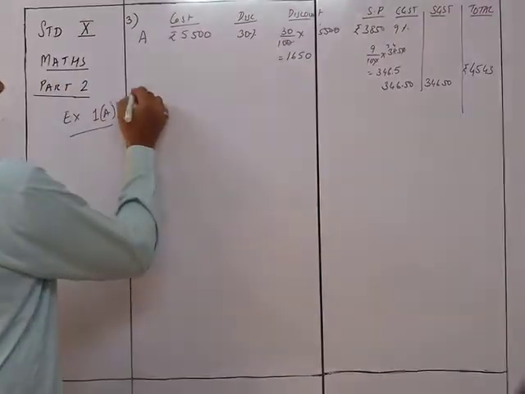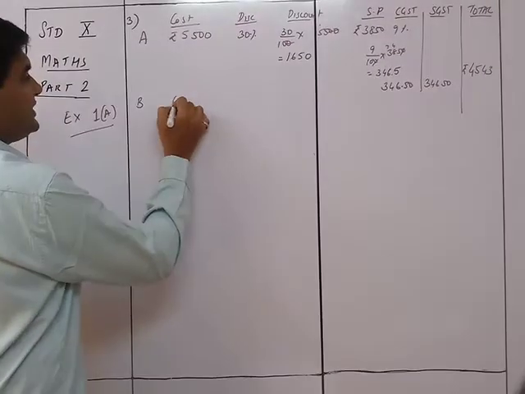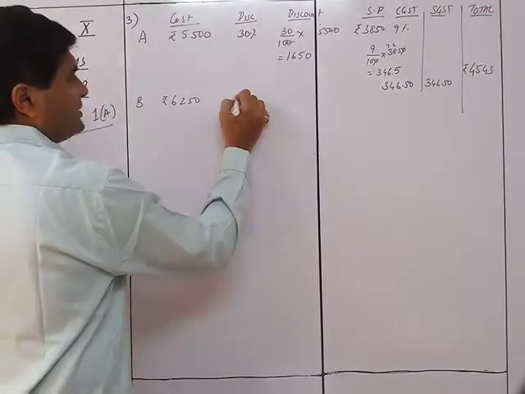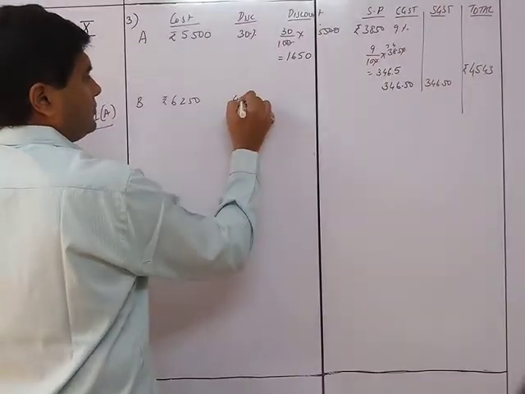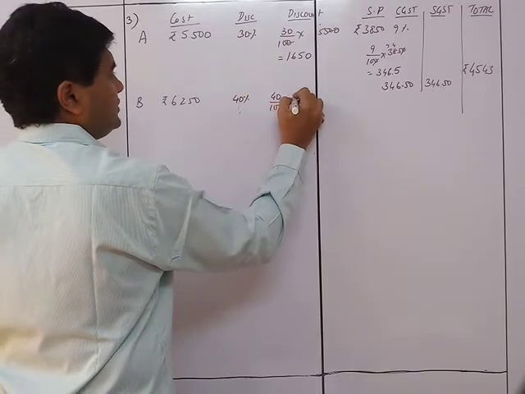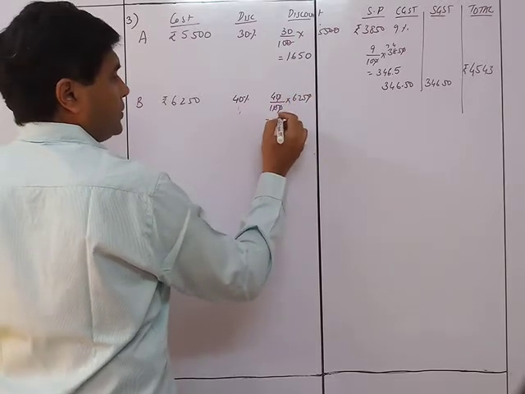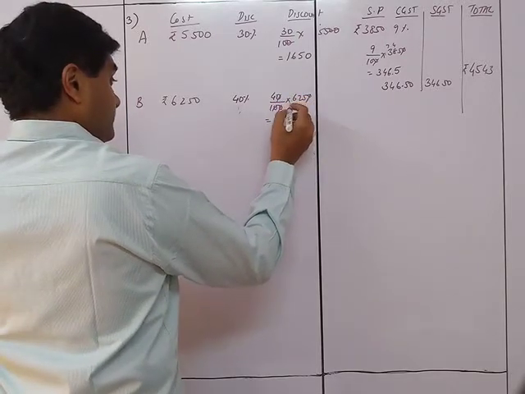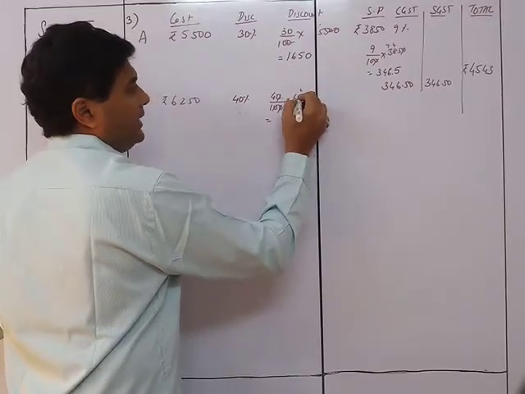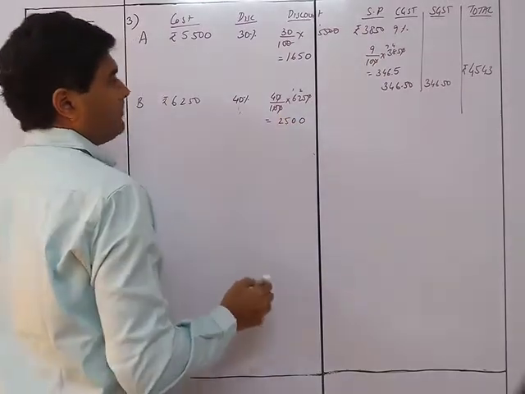Now the second part, B. His amount is 6250 and he's getting a discount of 40%. So that is 40 upon 100 into 6250. The 0 cancels. So that will be equal to 2500.